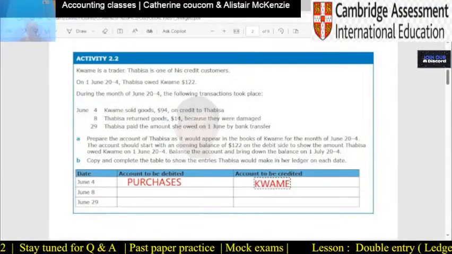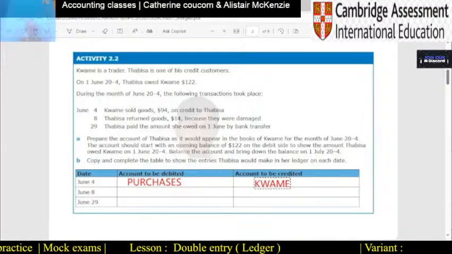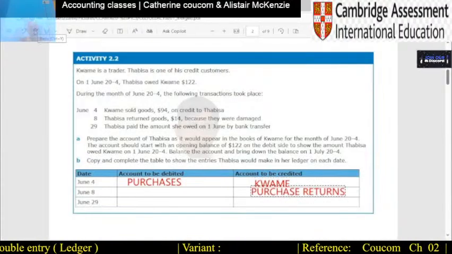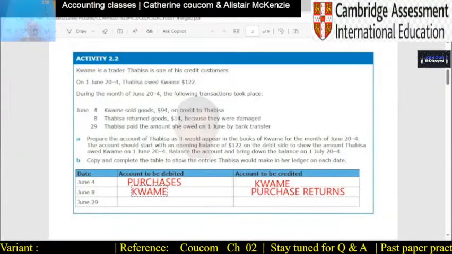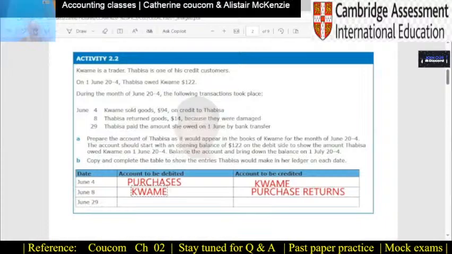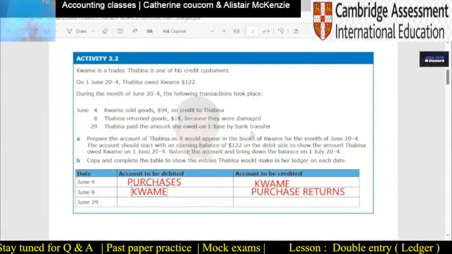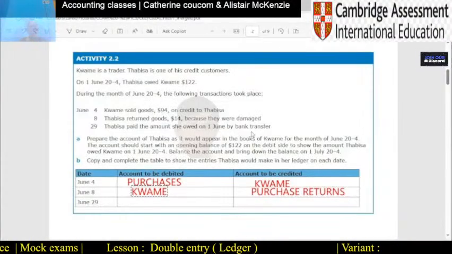So next, Tabisha returned goods because they were damaged. So say purchase returns, because purchase returns is giving. Then who is receiving? Kwame is receiving. Next, Tabisha paid the amount she owed on 1st June by bank transfer. So who is giving?